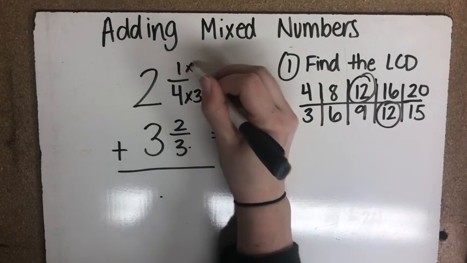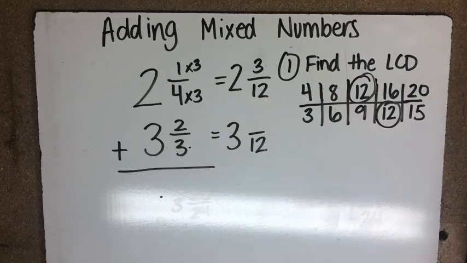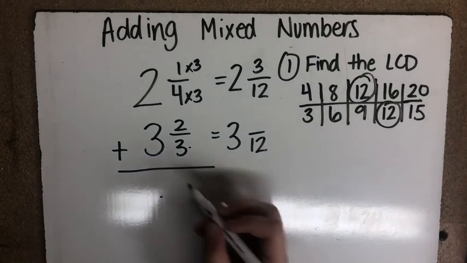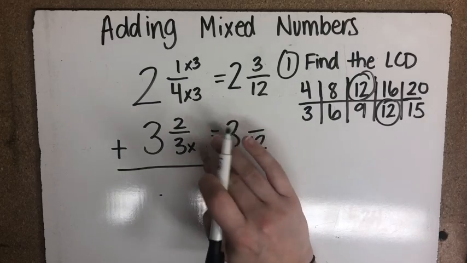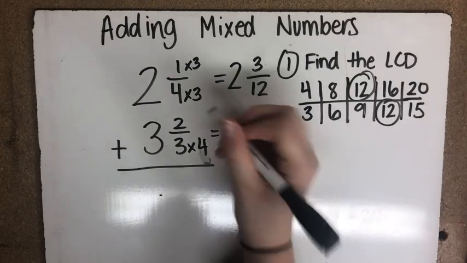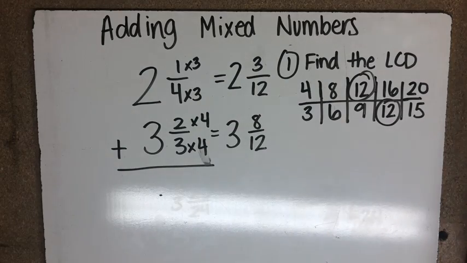So I must do the same thing for my numerator. So 2 1/4 will become 2 3/12. For 3 2/3, if I multiply by 4 to get the 12, I need to do the same up top. So 3 2/3 becomes 3 8/12.